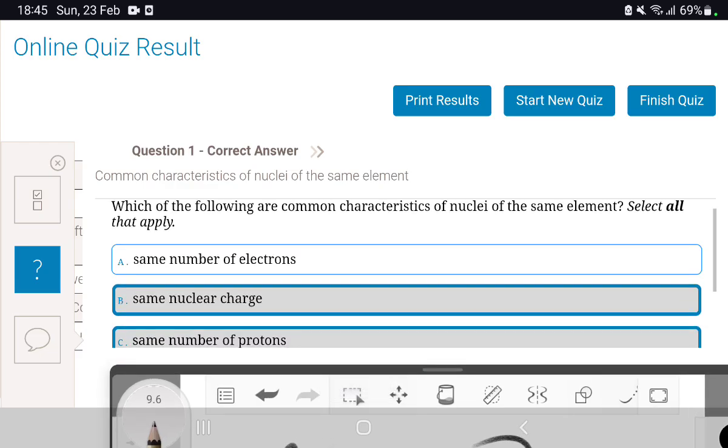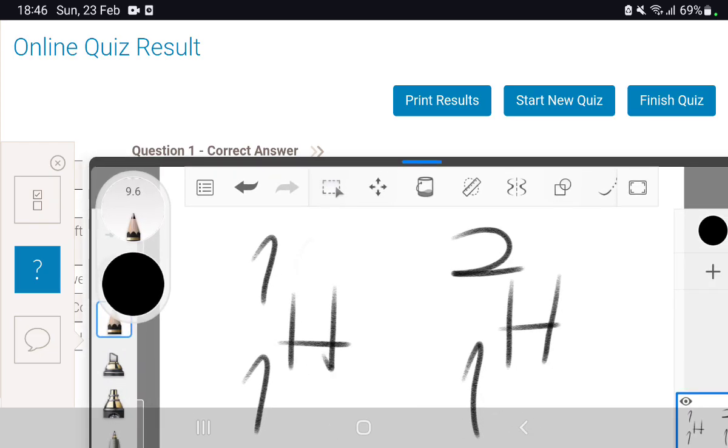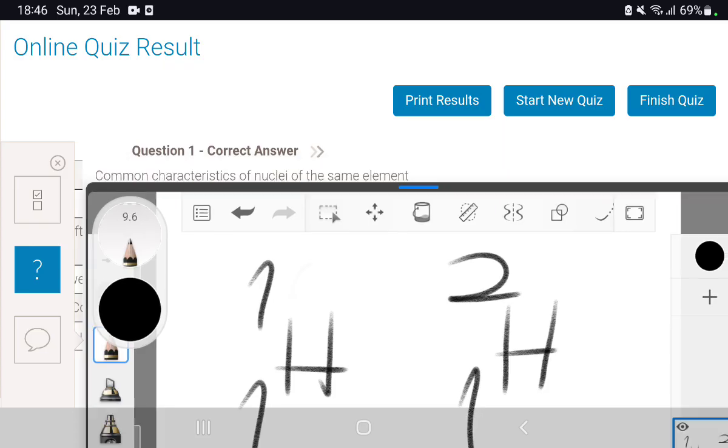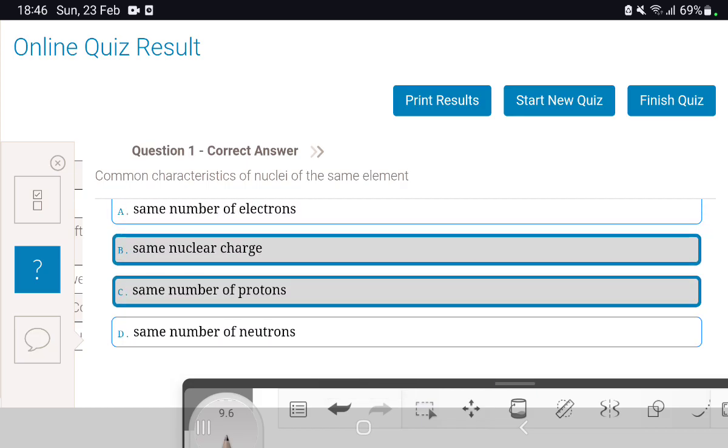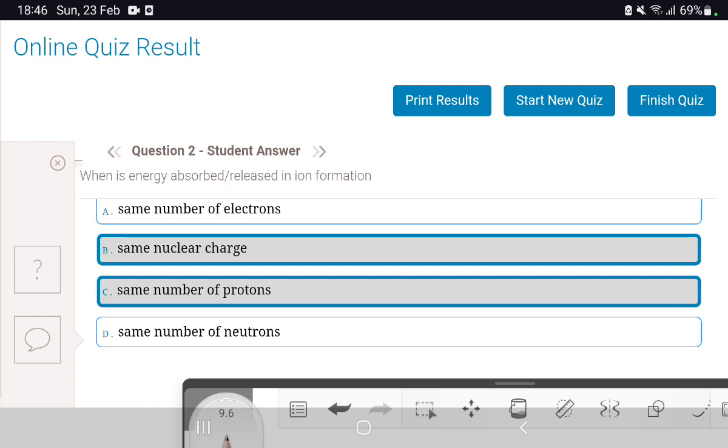So the charge will always stay the same, as we can see here, because the number of protons and electrons always stays the same and doesn't change. And as we see here, the same number of protons, because as I said, if the number of protons is different, that can change the element entirely.